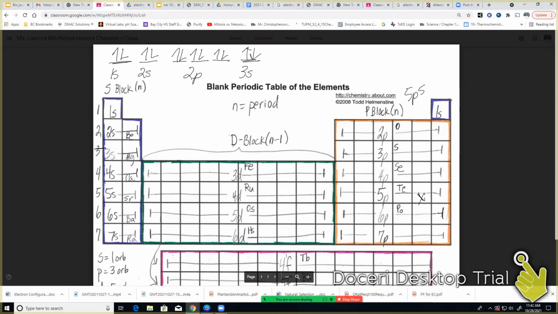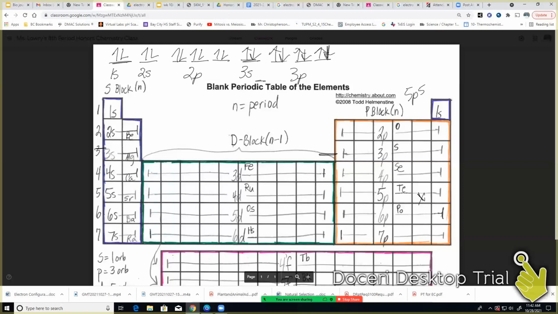Then we go to 3p. Oops, now I can't even write the right numbers. Now you got me flustered. 1, 2, 3, 4, 5, and 6.